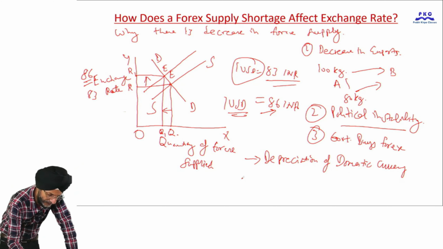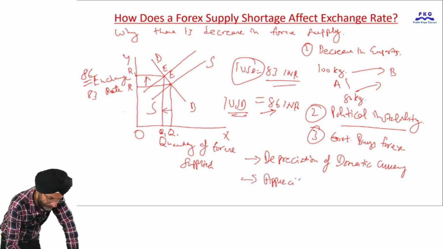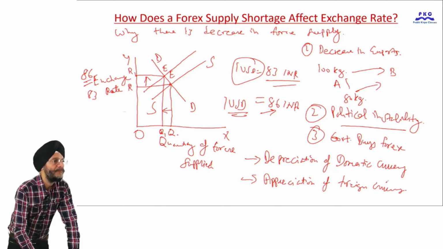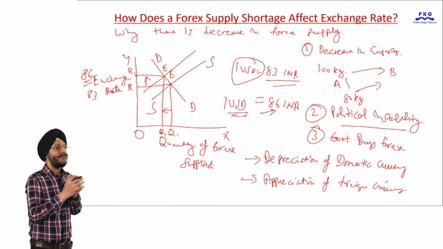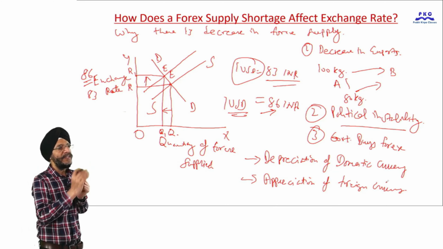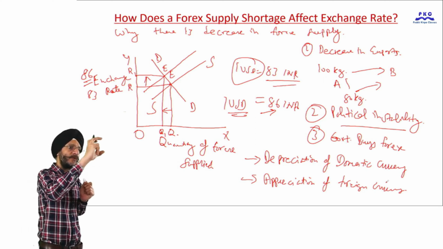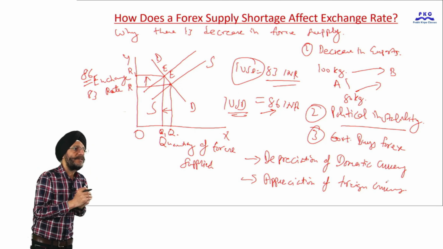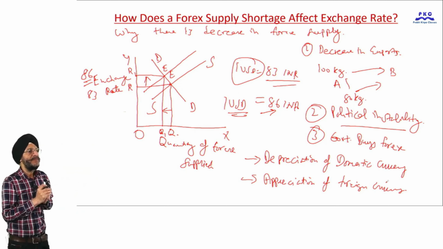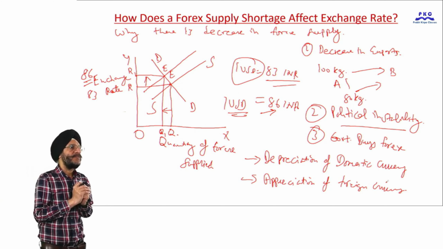It also means that there is appreciation of foreign currency. How is it? Earlier the residents of USA were getting 83 Indian rupees for $1, but now they are getting 86 rupees for $1.